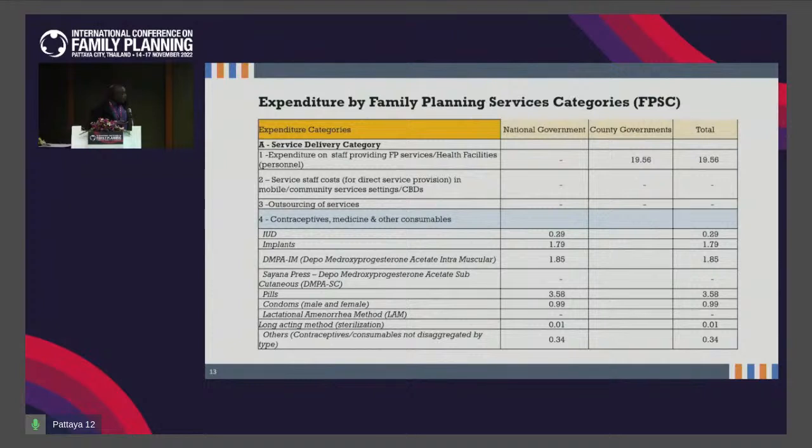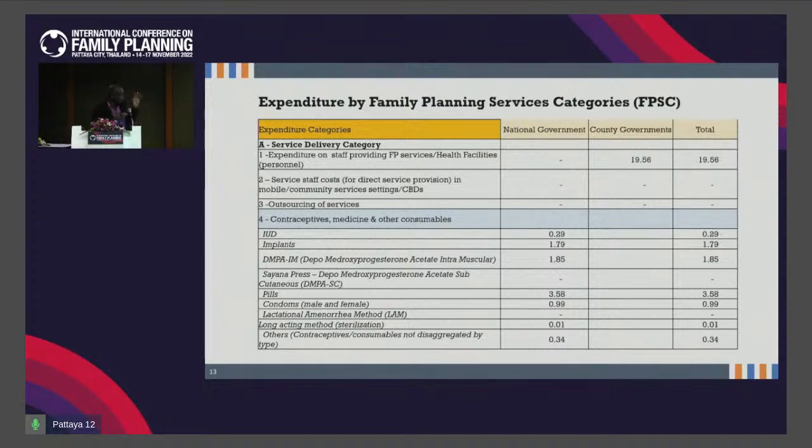Then lastly, and this is very, very important, we disaggregate that total expenditure in terms of the different services. So it's called family planning services categories. We used to have them separate. Remember, for those who have been involved in the national health accounts, the national aid spending assessment, we usually have expenditure by services and then expenditure by factors.